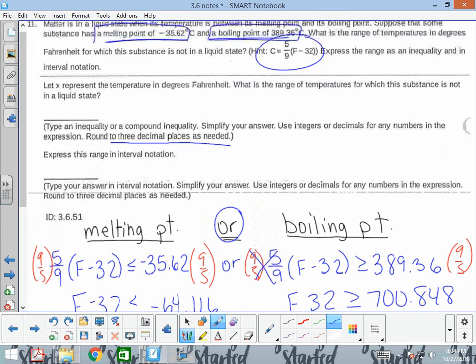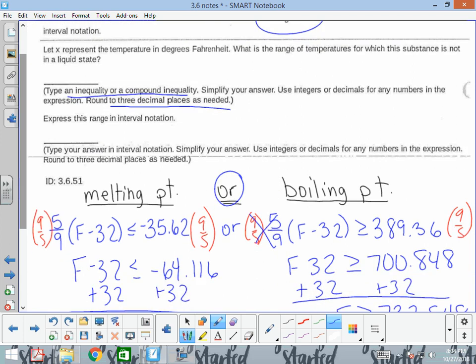So whenever we write this down, we're first going to write it as an inequality. That's what it says here. So we're going to write x is less than or equal to negative 32.116, or x is greater than or equal to 732.848.